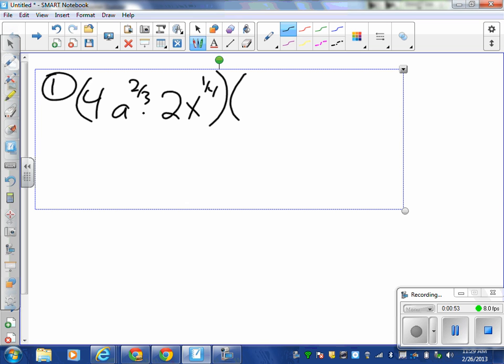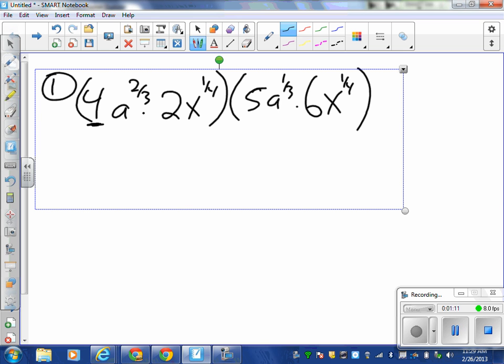And then in the other parentheses we have 5a to the 1/3 power times 6x to the 1/4 power. And this question has shown up on a couple of sheets.